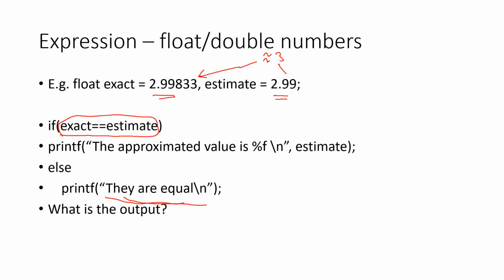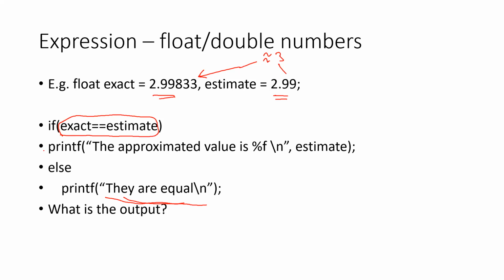Another thing, if you take numerical analysis next time, maybe in your 3rd year, you will find that there's no way the estimated value is going to be exactly the same. So in that case, how to change this?